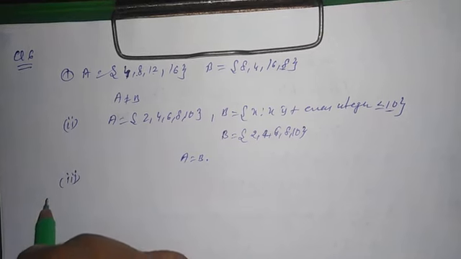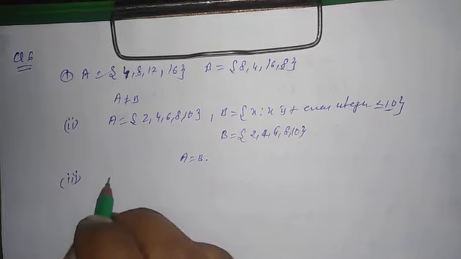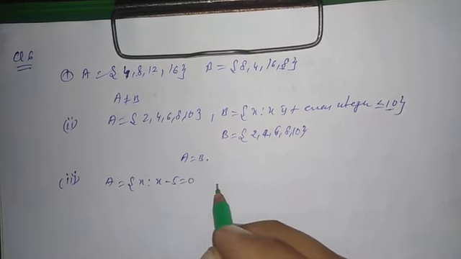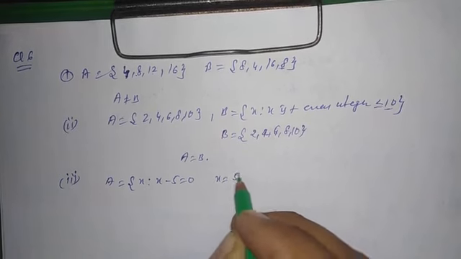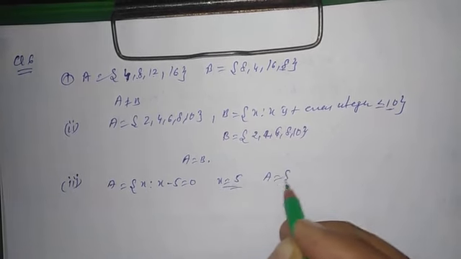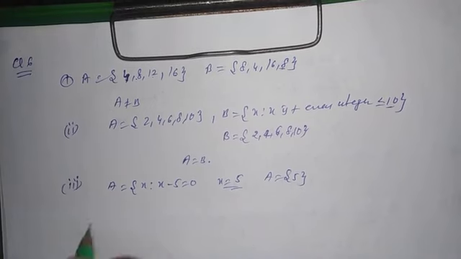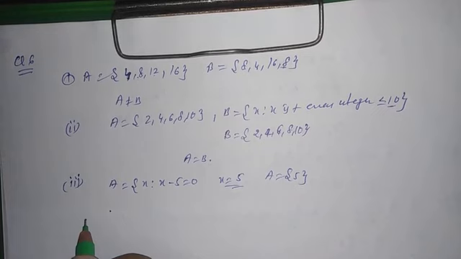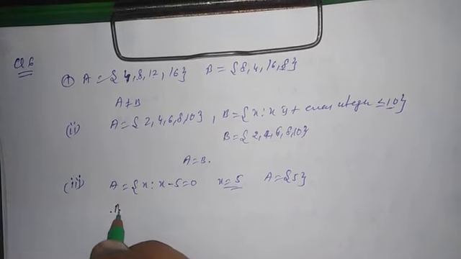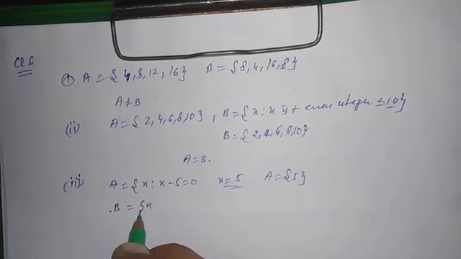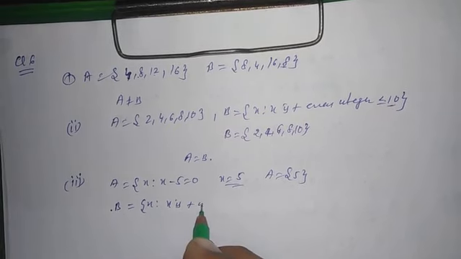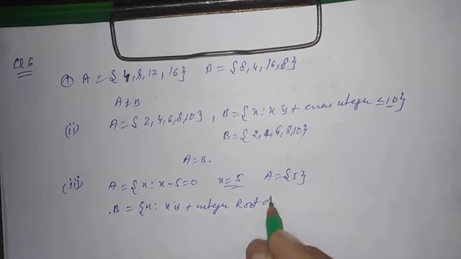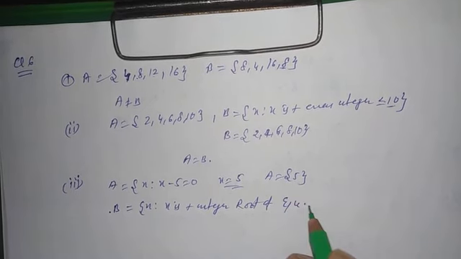Now we see third part. A is equal to x such that x minus 5 is equal to 0. When we solve this, x is equal to 5. Set A contains element 5, while its second part B is x such that x is a positive integer root of the equation.